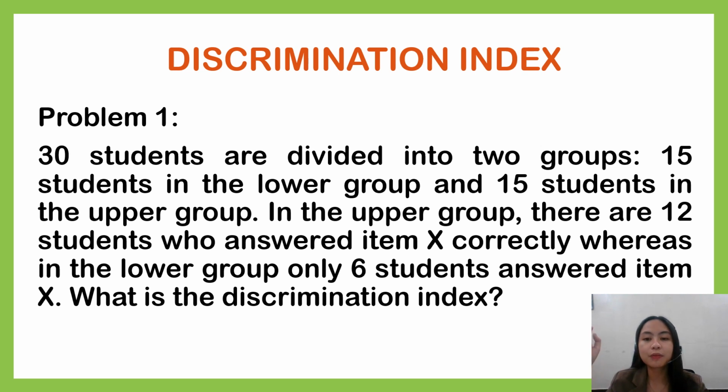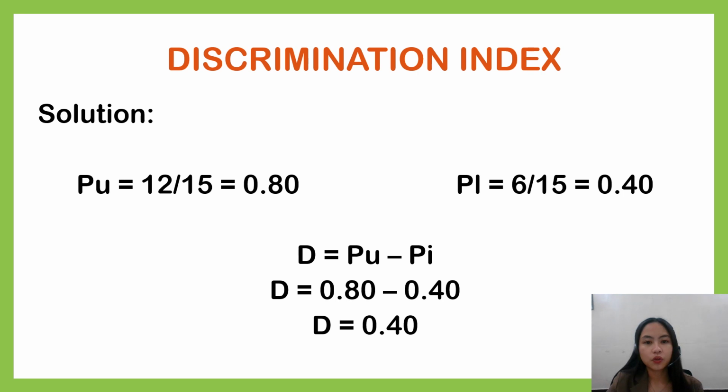So, sabi dito sa problem, 12 ang nakatama from the upper group and 6 naman ang nakatama from the lower group on that specific item, item number X. So, ngayon, ang gagawin natin, the answer is the discrimination index on our first problem is equal to 0.40.